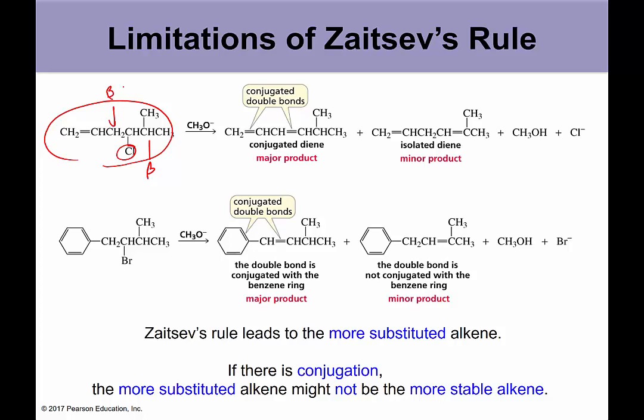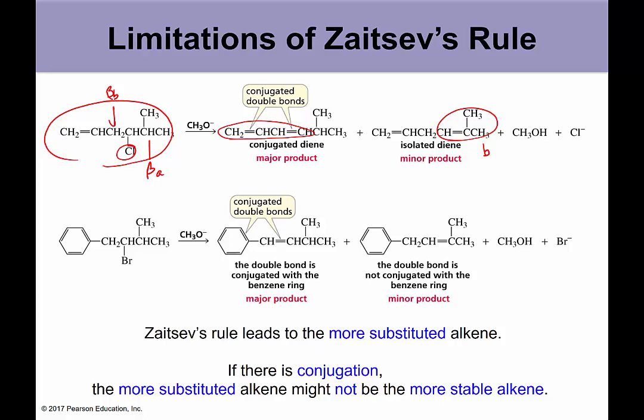If you attack, let's call this A, and we'll call that B. This is the product from beta B. And you'll notice it's the more substituted alkene. The problem is it's actually more stable rather than being more substituted, that is to be conjugated. So the conjugated diene turns out to be the major product.